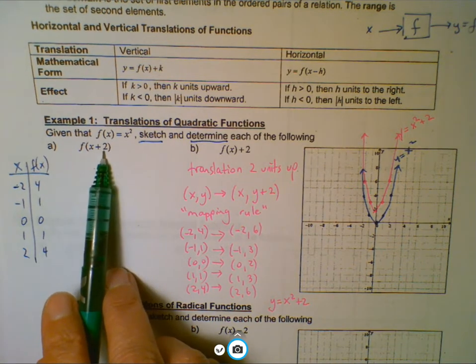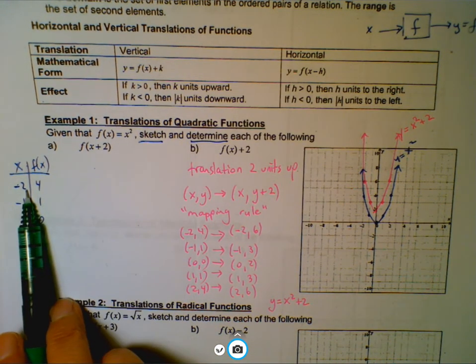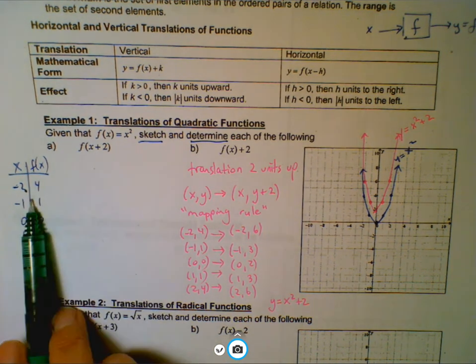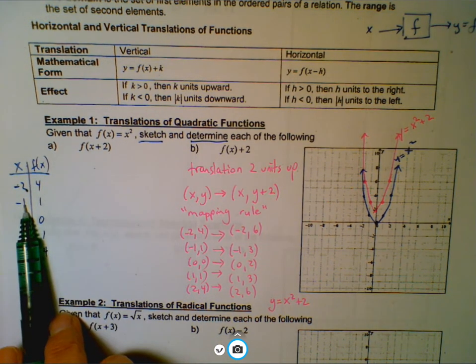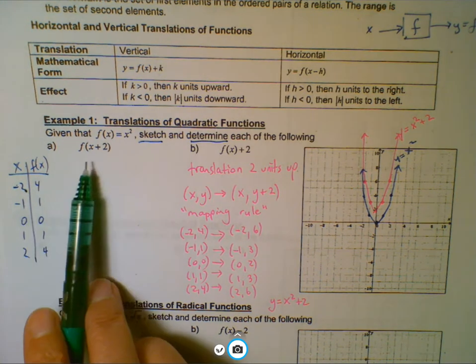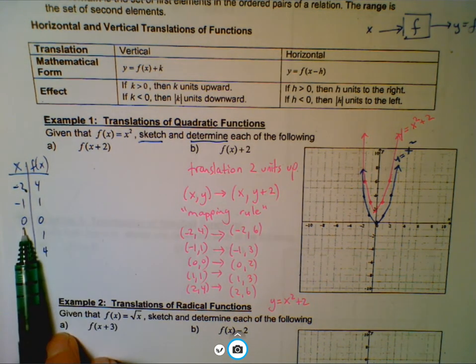So if x plus 2 equals -2, that means x would have to be -4. And if x plus 2 is -1, that means x has to be -3. And if x plus 2 is 0, that means x has to be -2.